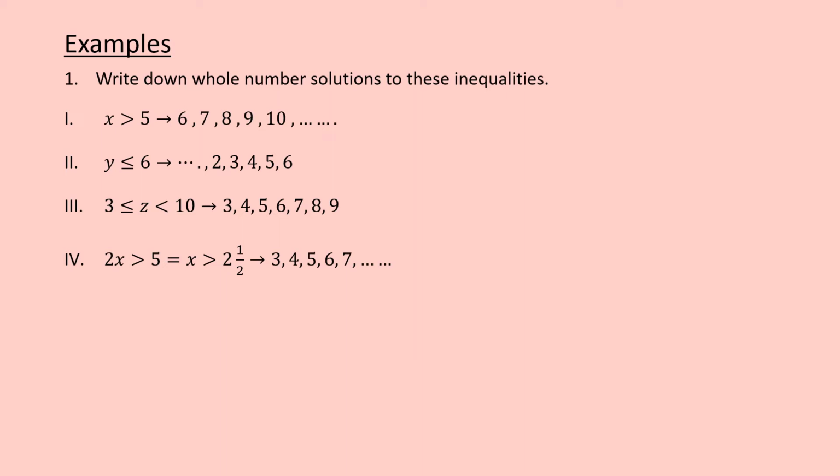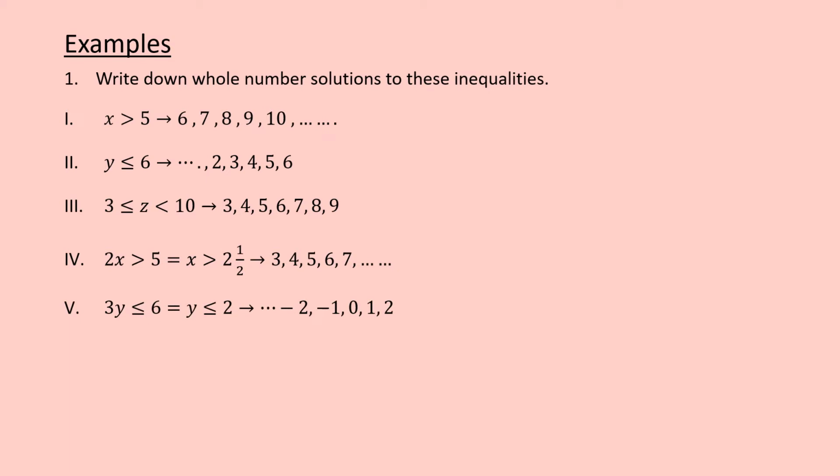To do that, you have to divide both sides by 2. Then we obtain x is greater than 2.5. Since x has to be a whole number, the possible values are 3, 4, 5, 6, 7, and so on.